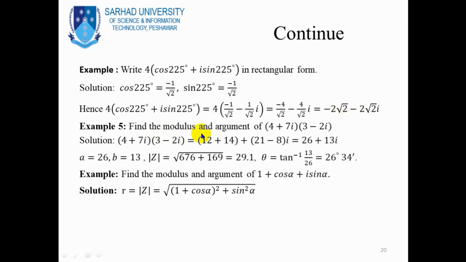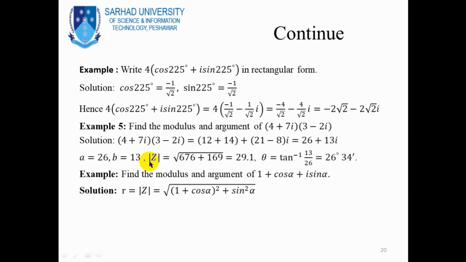Now to find the modulus and argument of this complex number. Here two complex numbers are in multiplied form. 4 plus iota 7 into 3 minus iota 2. First of all, multiplying these two complex numbers, we have 12 plus 14 plus 21 minus 8 into iota, which is equal to 26 plus 13 iota. Now a is equal to 26 and b is equal to 13.